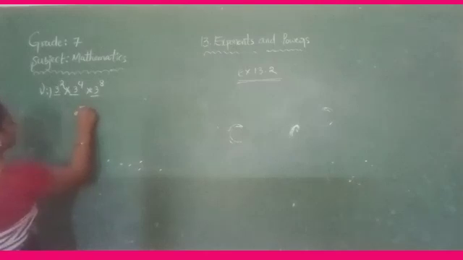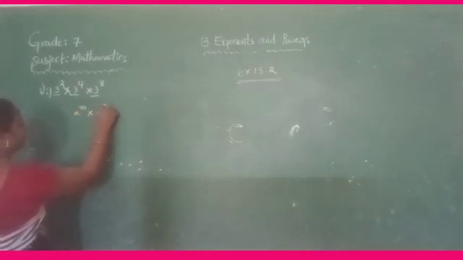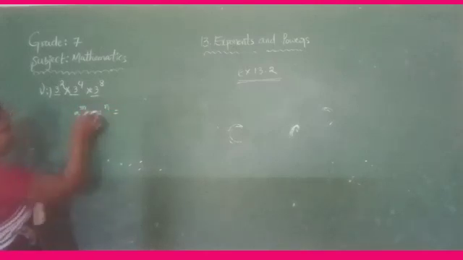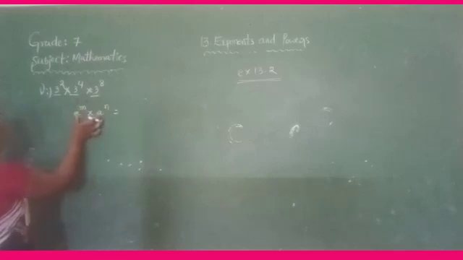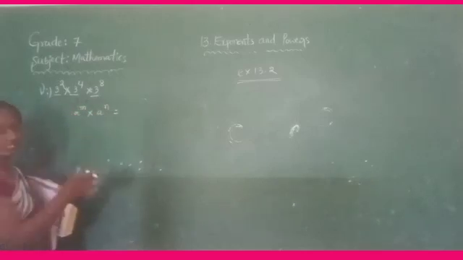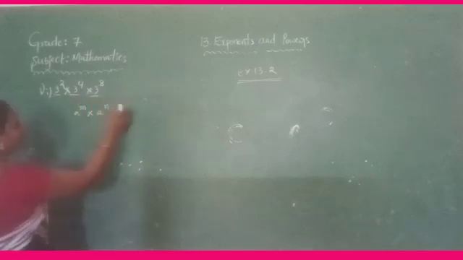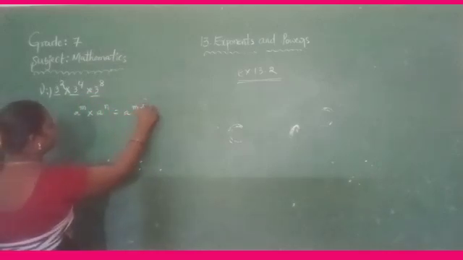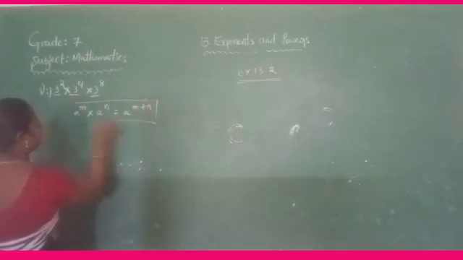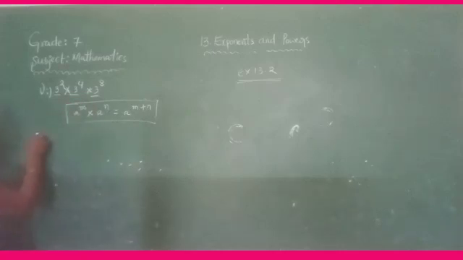So we know that a to the power of m into a to the power of n. Here you have to consider the bases. First, the bases are the same in the multiplication. So what should you do? Yes, you should add the exponents. That is a to the power of m plus n.